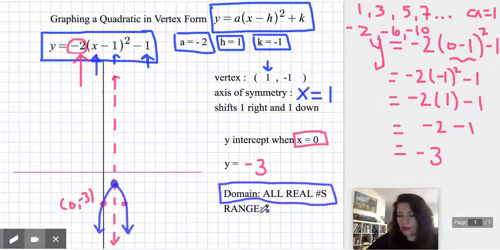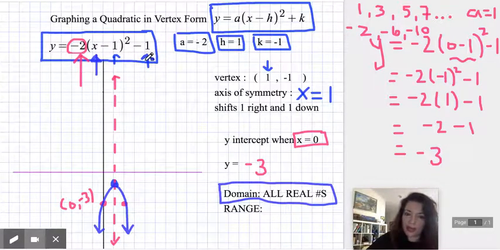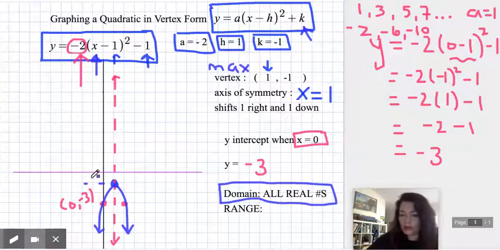The range, however, is going to depend on our k value, which is right here. Since the graph is opening down, this vertex happens to be a maximum, it's the highest point on the graph. This is where we can start saying that the range is y is less than or equal to -1.